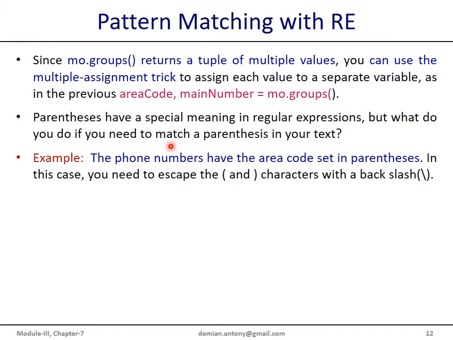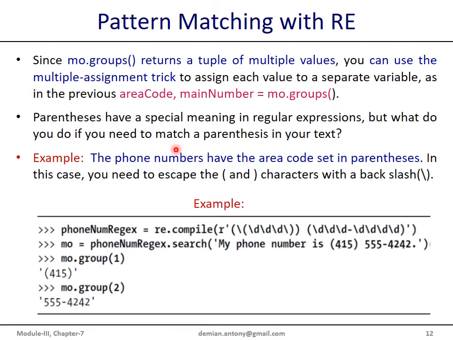The simple way is to use the backslash to escape the open parenthesis and close parenthesis. Here is an example. We consider the same pattern of telephone number, and this is the area code, and normally it is enclosed with parenthesis, and we know that the use of parenthesis creates a group, and at this point we don't have to create this additional group. Already we have created a group here with the outer parenthesis.